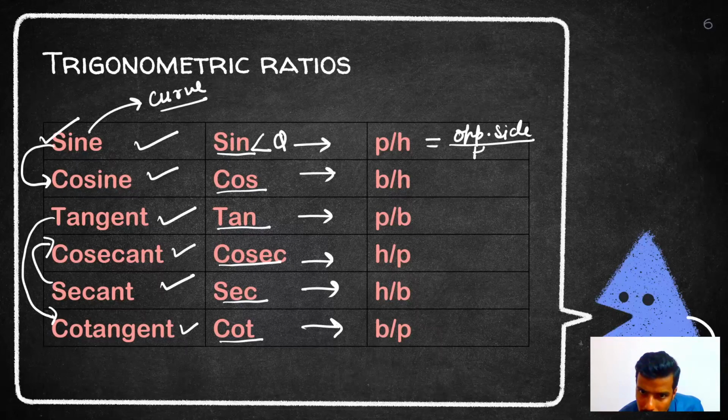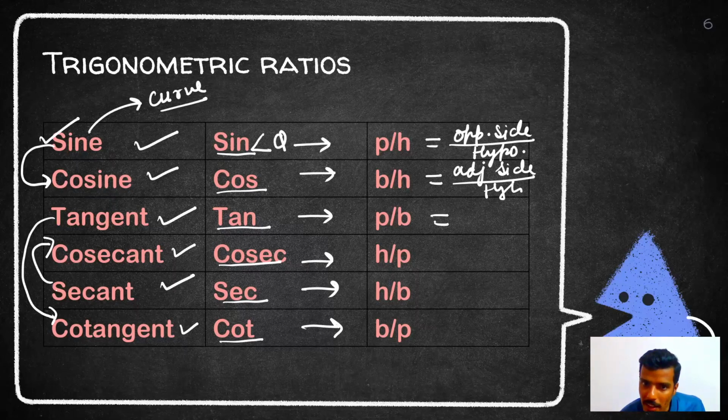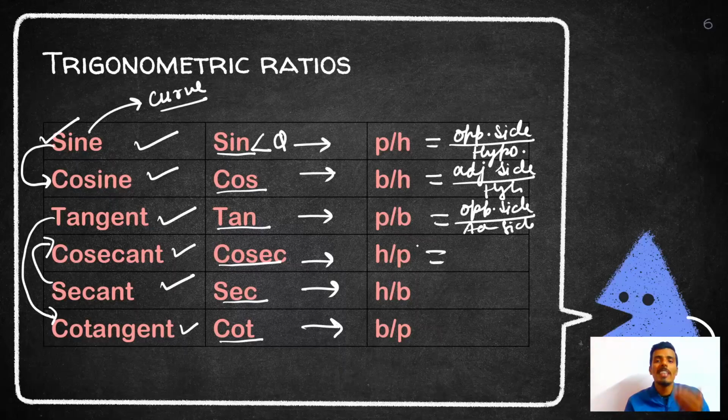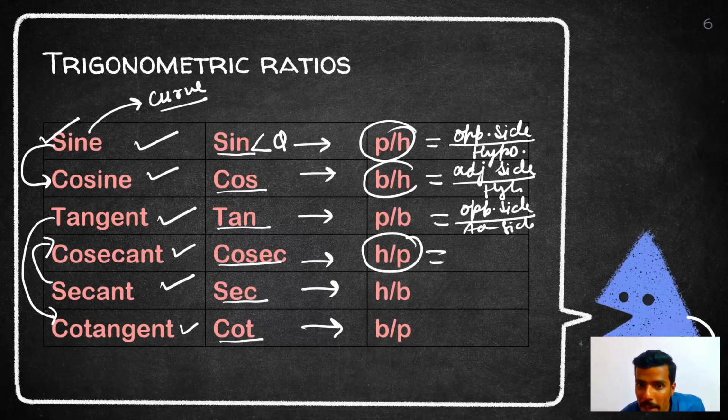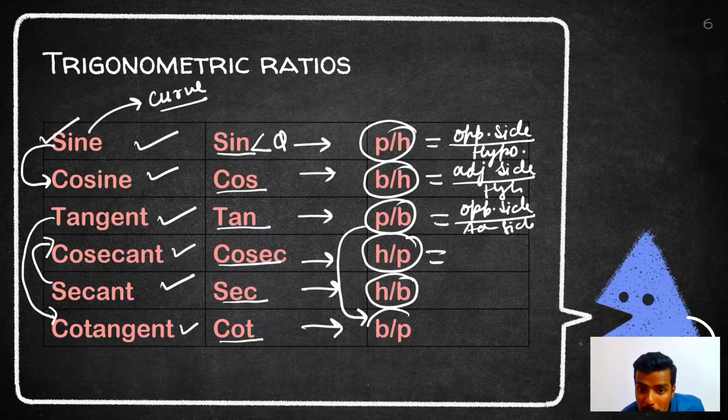Similarly, cos theta equals B by H, where B means the adjacent side, by hypotenuse. Similarly, tan theta equals P by B, perpendicular by base, meaning opposite side by adjacent side. And reversing the above 3 ratios: reverse P by H, so this becomes H by P. Reverse B by H, so this becomes H by B. Reverse P by B, which becomes B by P.